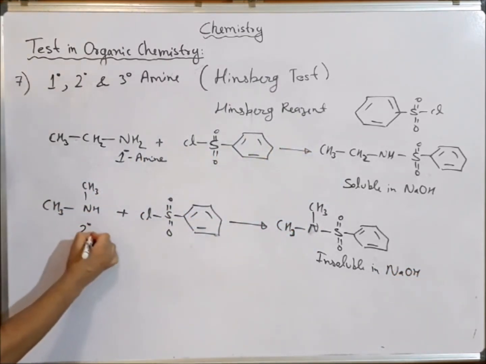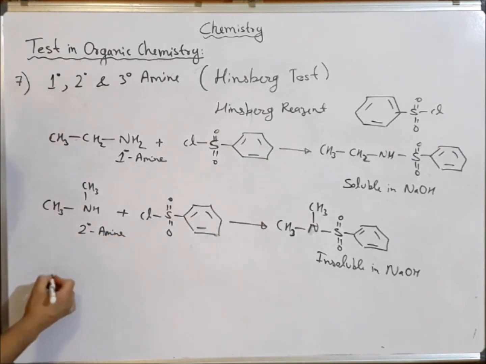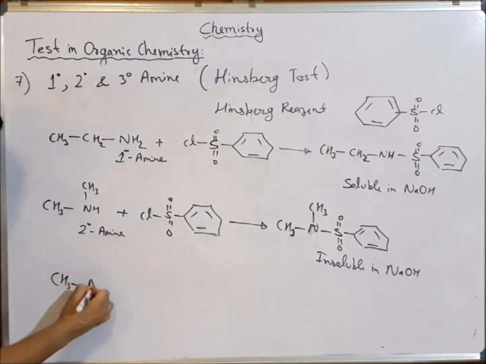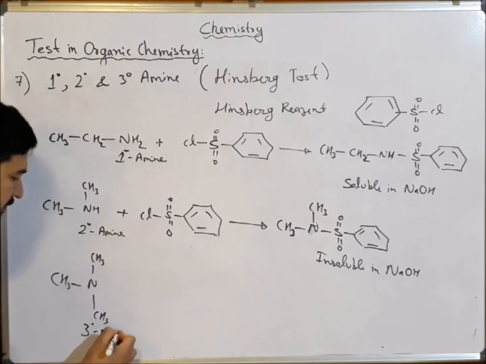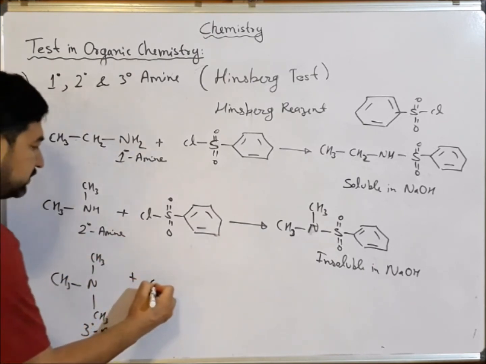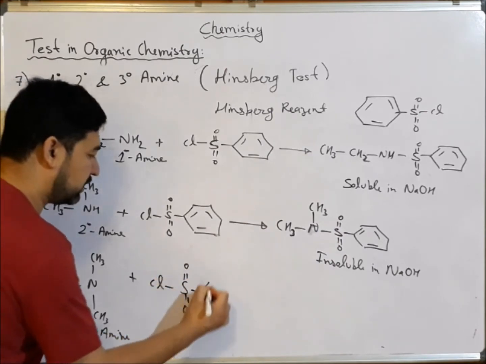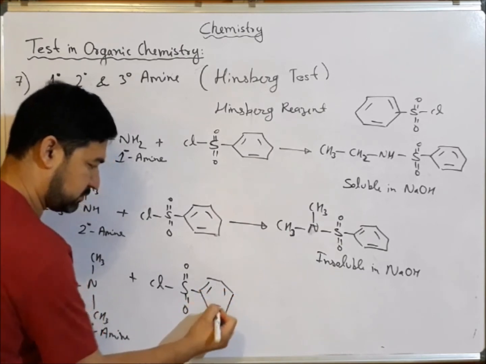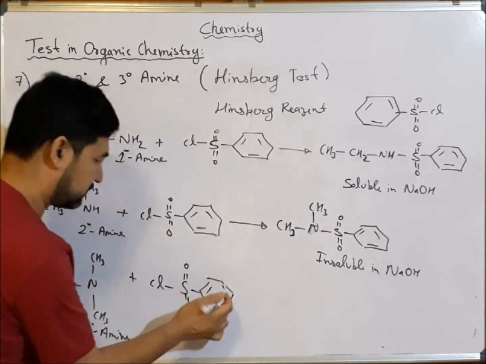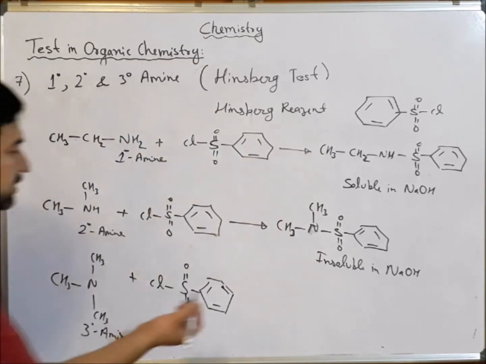So this is our secondary amine. But if we have a tertiary amine, so it's our tertiary amine, when we try to react with Hinsberg reagent, that is benzene sulfonyl chloride, it doesn't react.